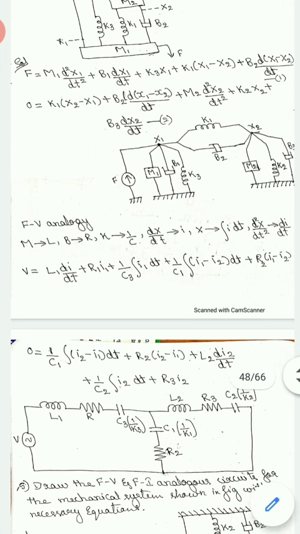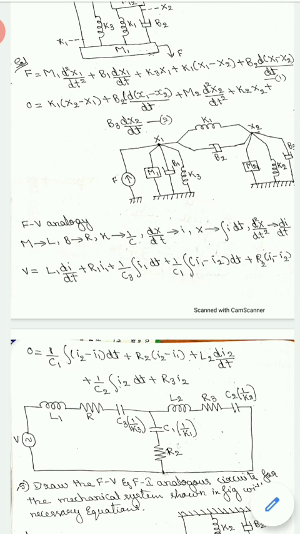This is the first equation. For the second equation, 0 is equal to 1 divided by C1 integration of I2 minus I1 dt plus R2 open bracket I2 minus I1 close bracket plus L2 di2 divided by dt plus 1 by C2 integration of I2 dt plus R3 I2. Now draw the electrical circuit.